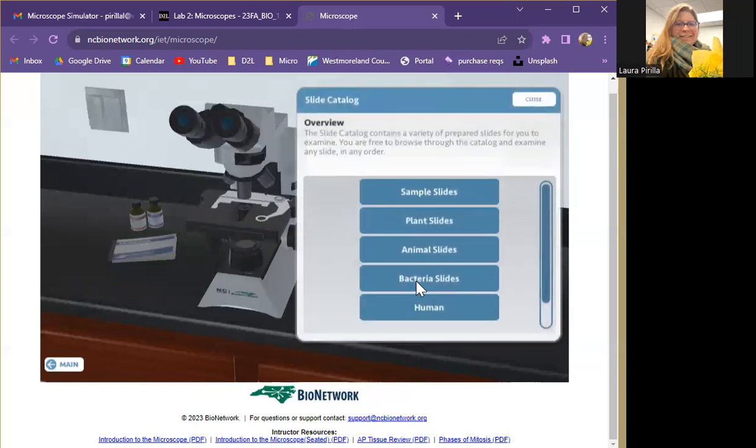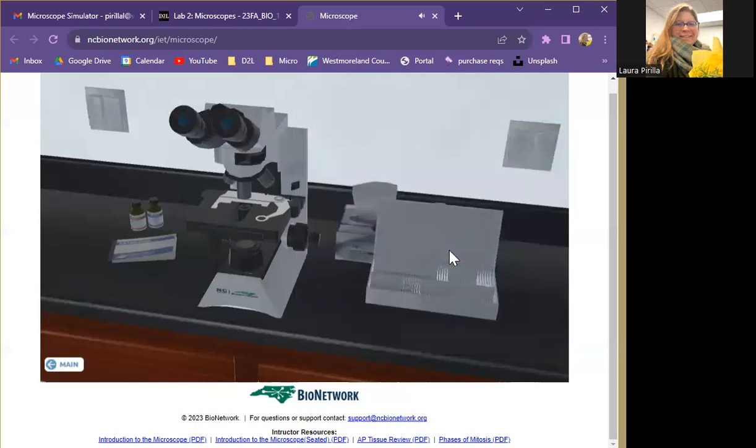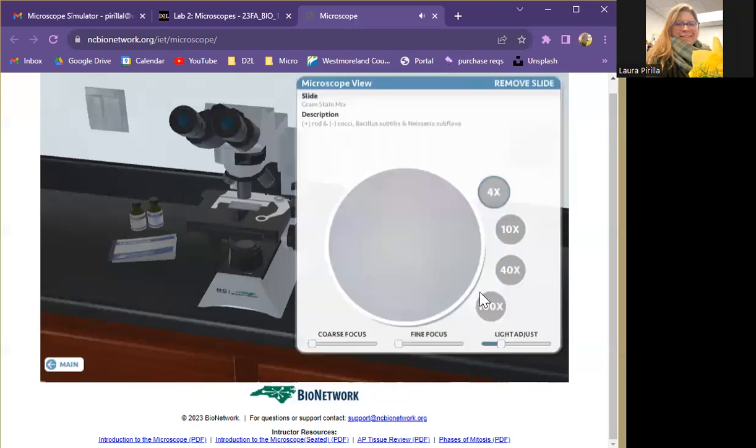And then let's try some bacteria slides because bacteria is going to make you need to use the 100x objective, which you wouldn't see otherwise. So let's adjust our coarse focus. Now we just see little speckles here, right? That's because the bacteria are just so much smaller than any of the other things we've been looking at.